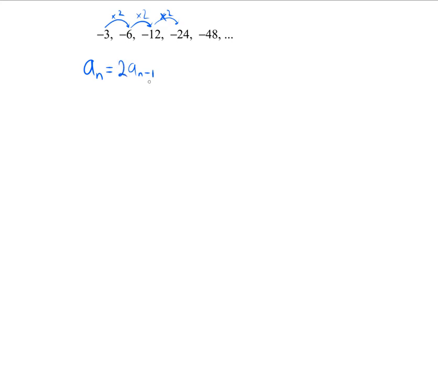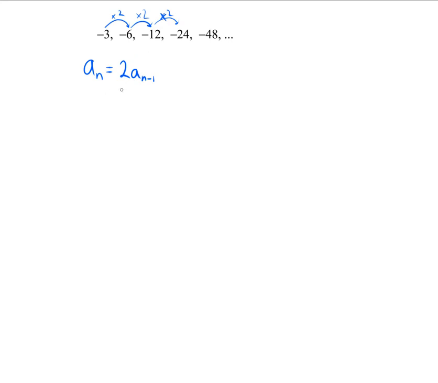So it really is 2 times a sub n minus 1. I don't like the way I wrote that. Let me do that again. a sub n is equal to 2 times a sub n minus 1. Sometimes you won't even see that multiplication symbol, so I'm just going to leave it off this time. And that would be my final answer.